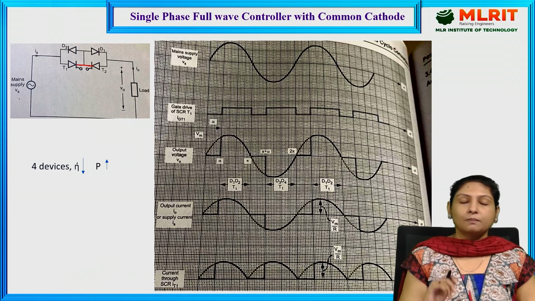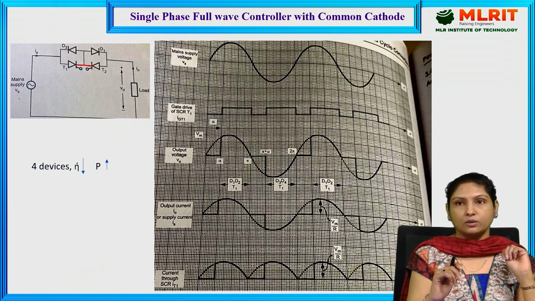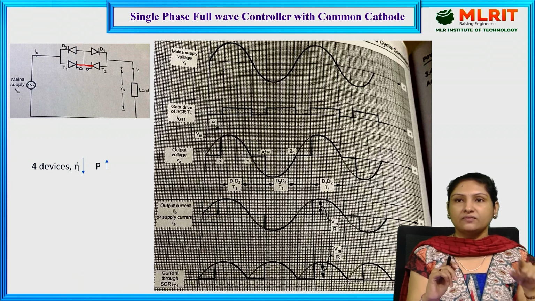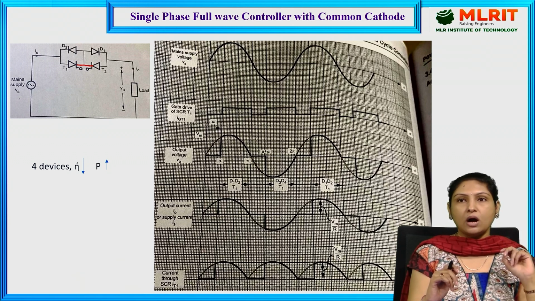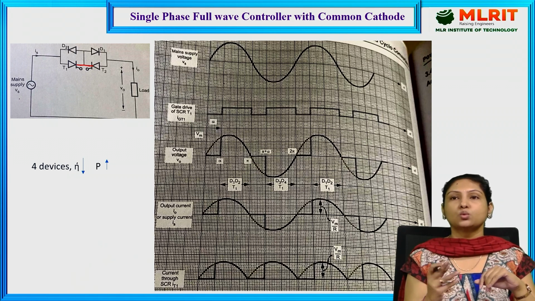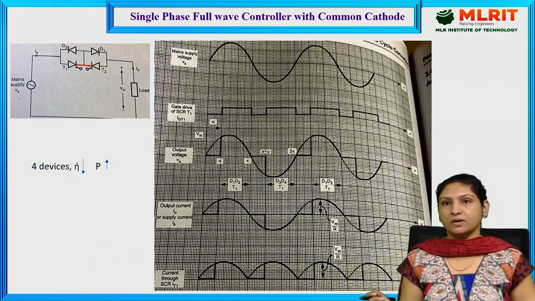Here we are making use of four devices, namely T1, T2 and D1, D2, out of which two are thyristors and the other two are diodes. Half of the devices are controllable devices and the other two are uncontrolled devices.